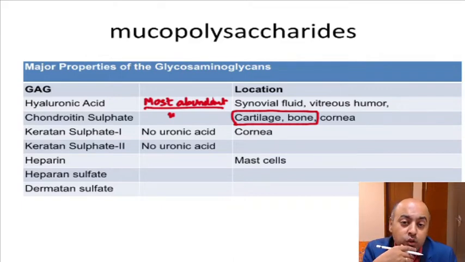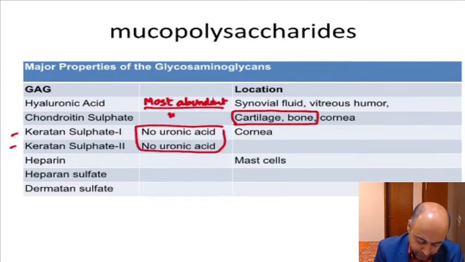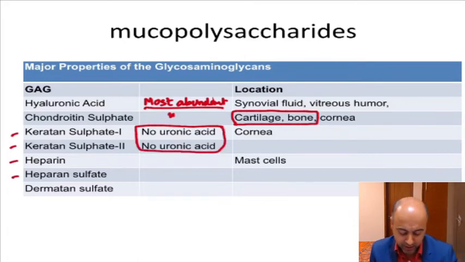So hyaluronic acid and chondroitin sulfate are the two most common glycosaminoglycans. Then we have keratan sulfate type 1 and 2, where we don't actually have the uronic acid. Then heparan sulfate and dermatan sulfate. These are the glycosaminoglycans which are there. Seven types of glycosaminoglycans. They attach with the proteins to form the proteoglycan, also known as mucopolysaccharide.